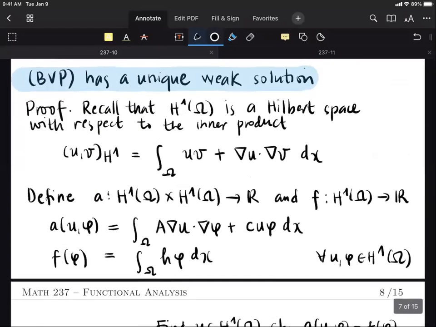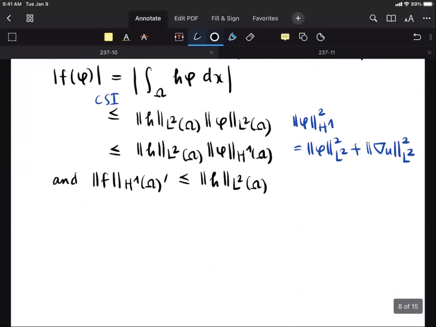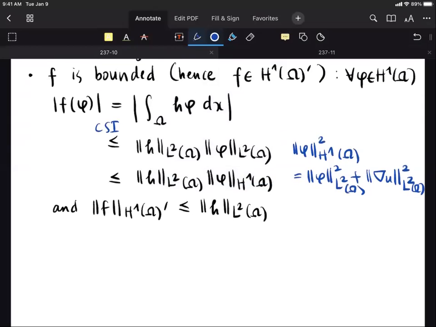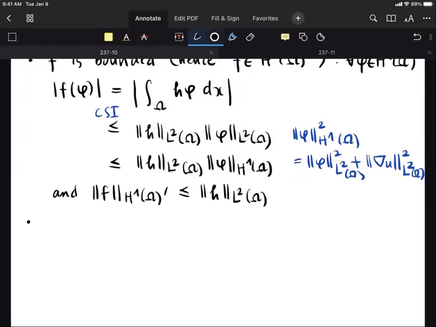Here, let us put the domain for emphasis. So that is the boundedness of the linear form F.